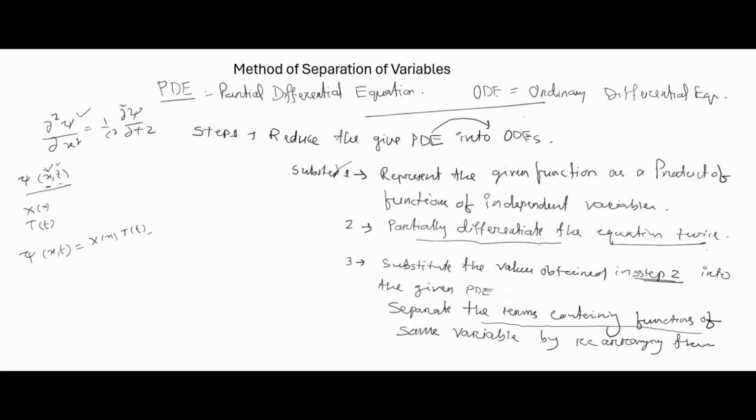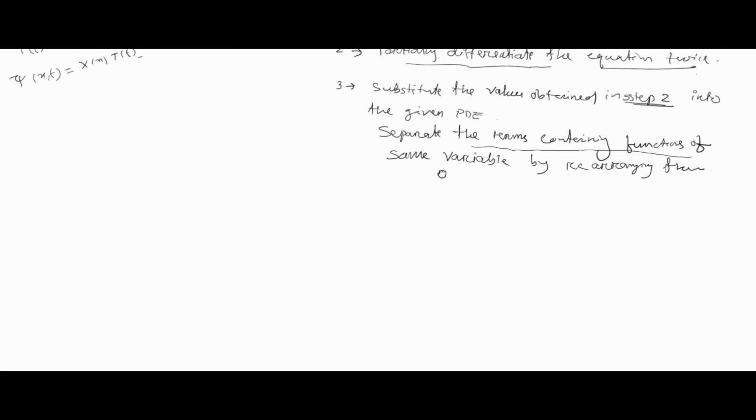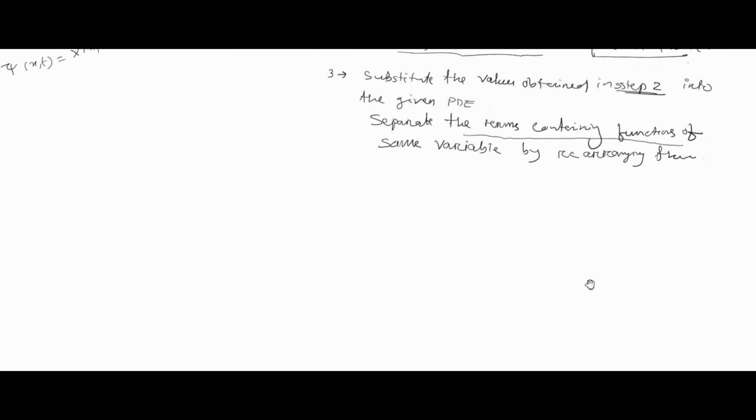With rearrangements, we can change their side from left side to right side, or we will divide the whole equation by some term, to separate or eliminate the terms containing functions of other variables from a particular term. So this is substep number 3.